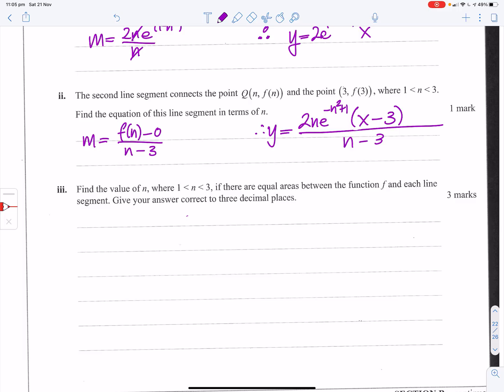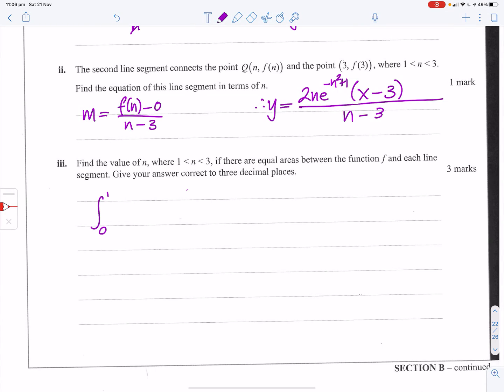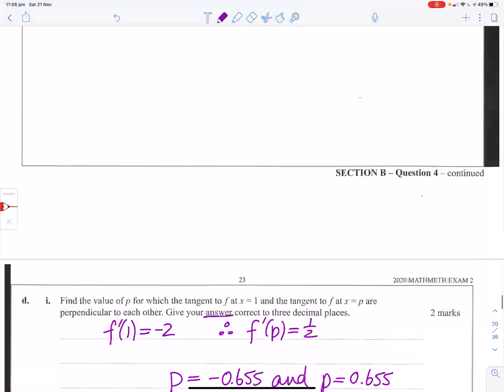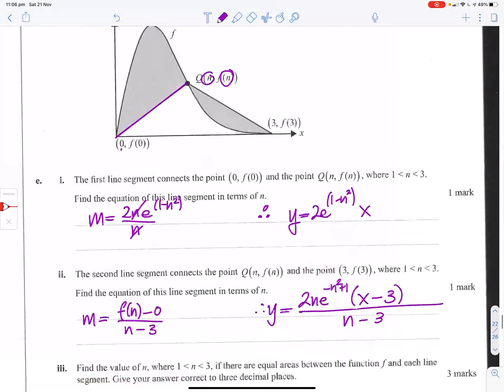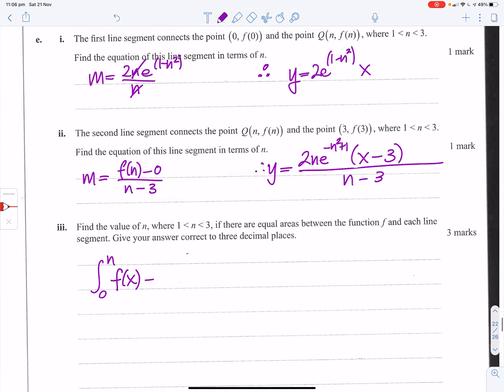Okay, find the value of n where 1 is less than n, which is less than 3, where there are equal areas between the function f and each line segment. Give your answer correct to the nearest 3 decimal places. So the first thing we know is this first area is from 0 to n. Is it called f of x? F of x minus my tangent, which is 2e to the negative n squared plus 1, dx.